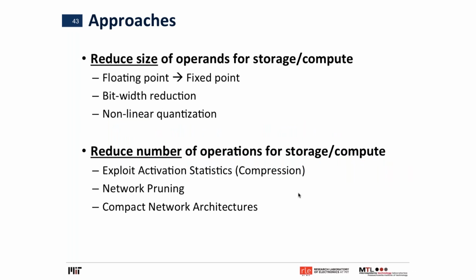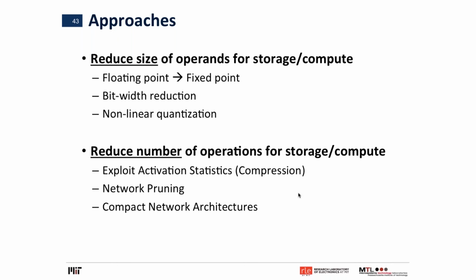Loosely, I would categorize them as follows. The first category is reducing the size of the operands for storage and compute. This is looking at things like going from floating point to fixed point, doing bit width reduction, and even doing some nonlinear quantization. Another area that people have been looking at is, rather than reducing the size of the operands, can we reduce the number of operations and the storage and compute?